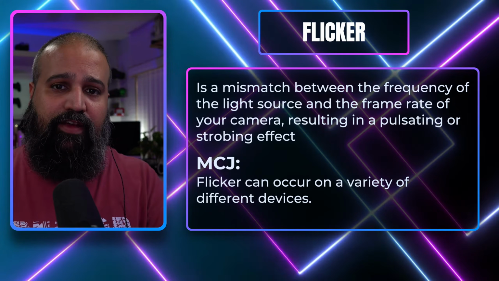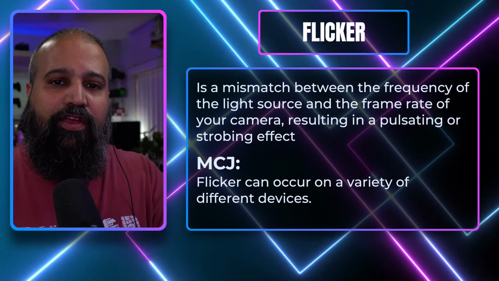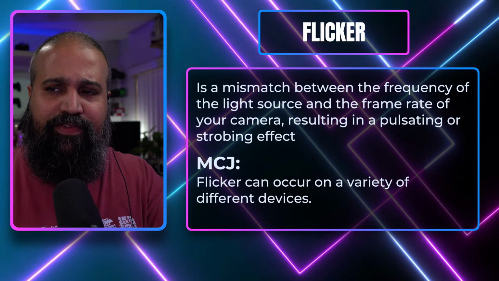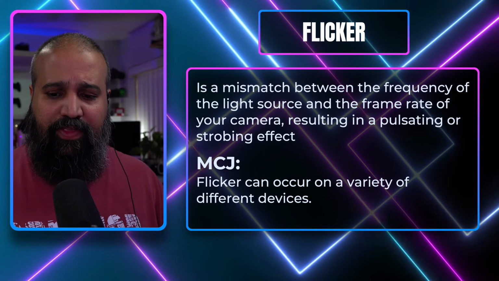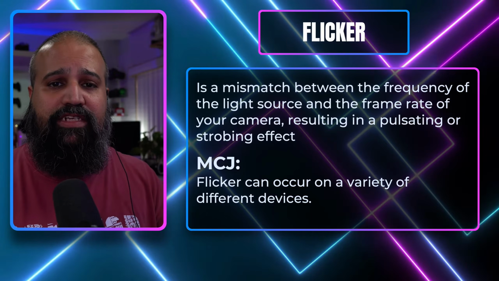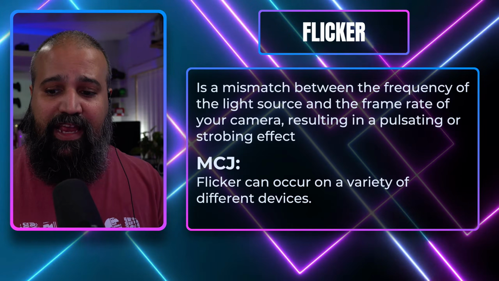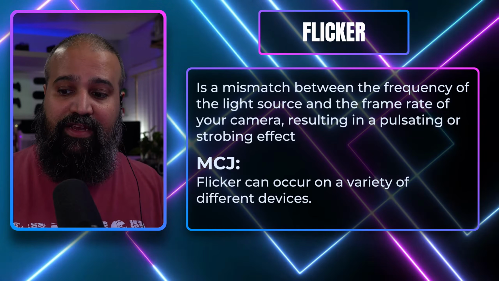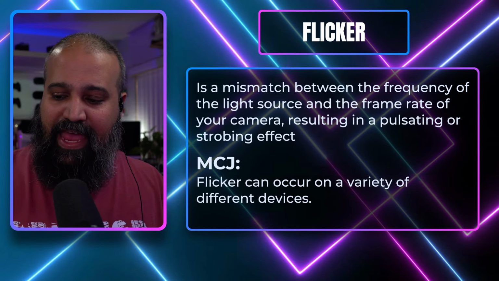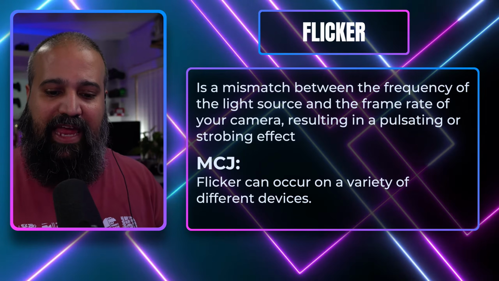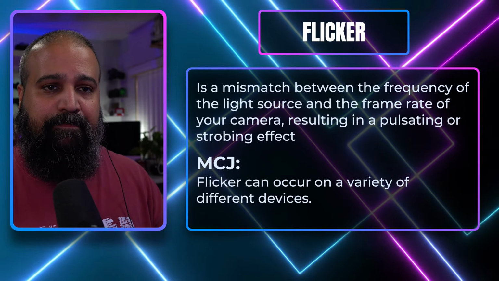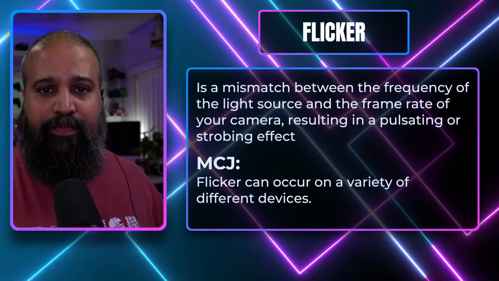Now, other parts of the earth use 50 hertz, so to speak, and I believe that's the PAL versus the NTSC, depending on their power source. But because we're using 60 hertz, it falls right in line with our electronics and why we use 60 frames per second, and that creates that effect of you seeing a mismatch between the light frequency and what your camera picks up.